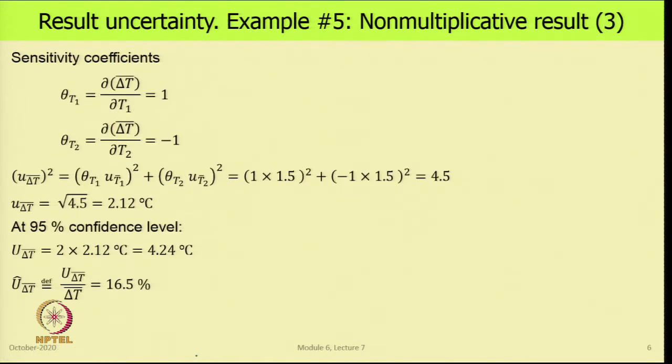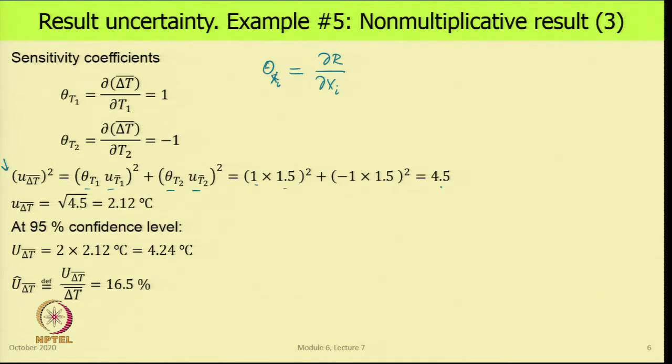Now, we calculate the sensitivity coefficients. Theta I is defined as del r upon del x I, or theta x I if you want to call it. So, theta T 1 is del delta T bar by del T 1, this is 1, and theta T 2 is del delta T by del T 2, which is minus 1. In our uncertainty expression, we have all the values of these 4 terms.